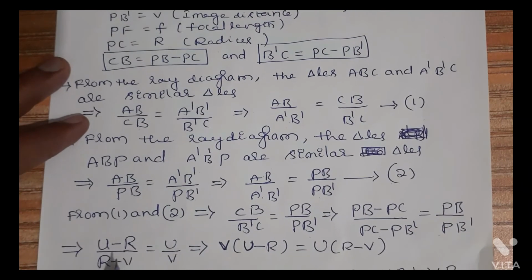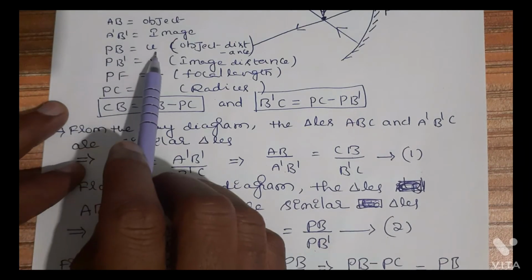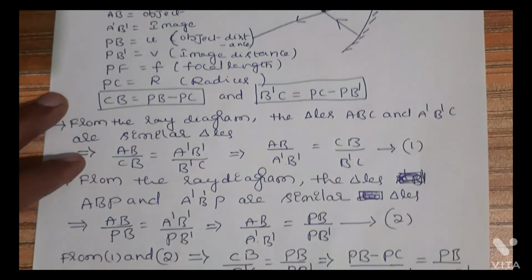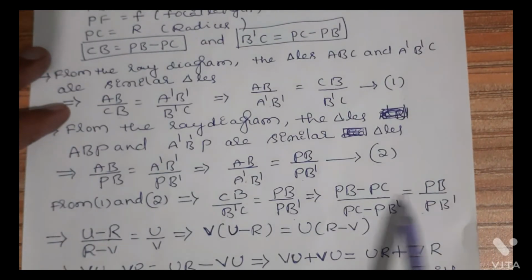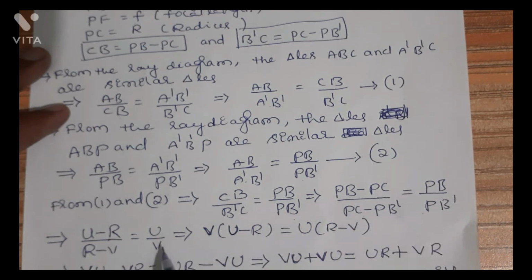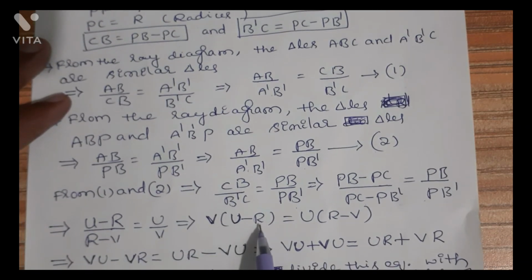In the beginning it was written, students, the object distance, image distance, focal length and radius. So in place of PB we write U, PC is R, and PB' is V, the image distance. By cross multiplication, V into (U minus R) equals U into (R minus V).